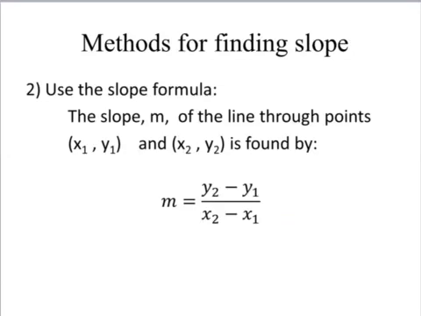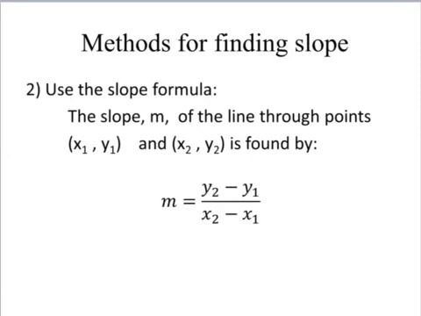All right, so the second method for finding the slope is the slope formula. The slope m of the line through points x1, y1, and x2, y2 is found by m equals y2 minus y1 over x2 minus x1.